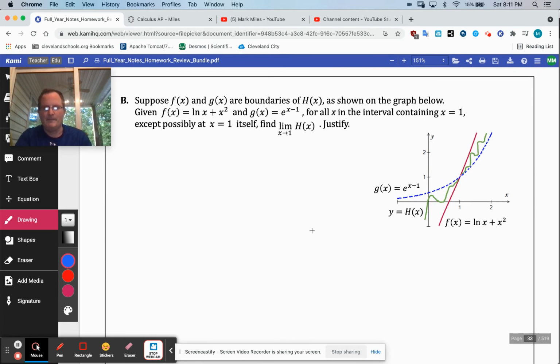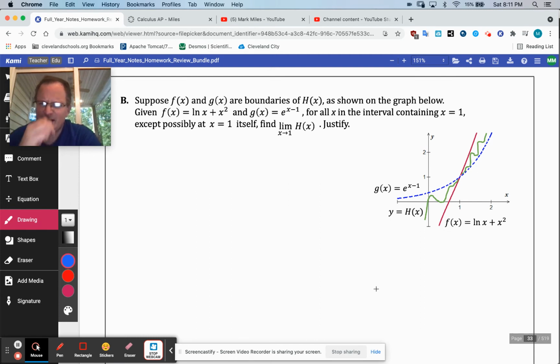Oh yeah. It says suppose f of x and g of x are boundaries of h of x as shown. So it's not exactly the same thing, because this time the red one is below and then above, and the blue one is above and then below this green squiggle.